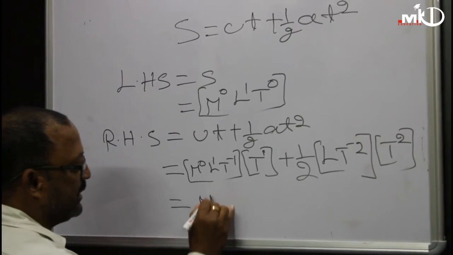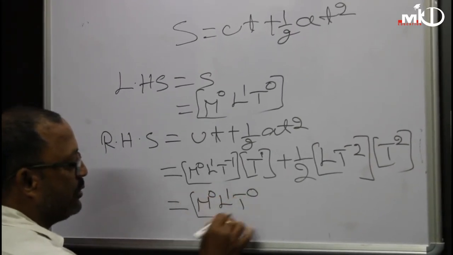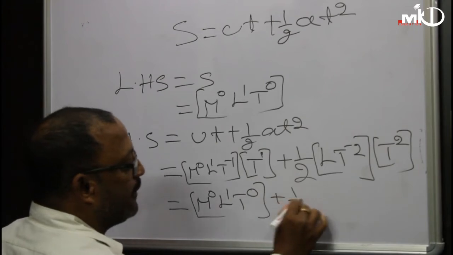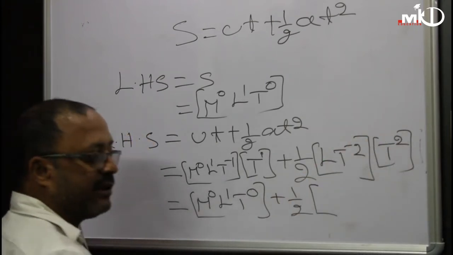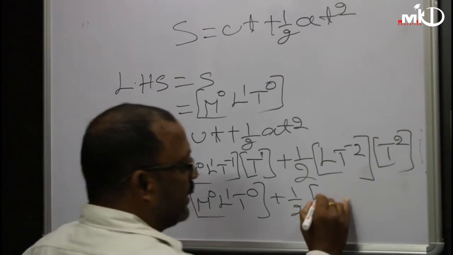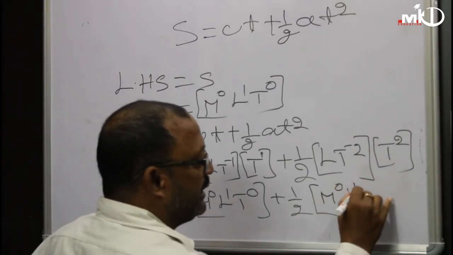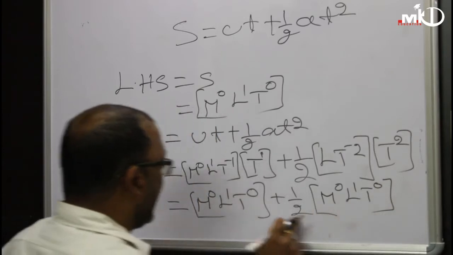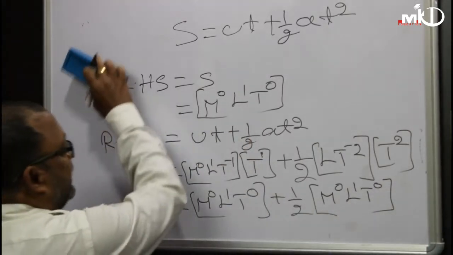Then overall dimension is M0, L to the power 1, T to the power 0. Then the half, and L T to the power minus 2 plus 2 becomes T to the power 0, which is 1. Therefore this becomes M to the power 0, L to the power 1, T to the power 0. If we multiply by half and 1, the dimension of the quantity remains the same.